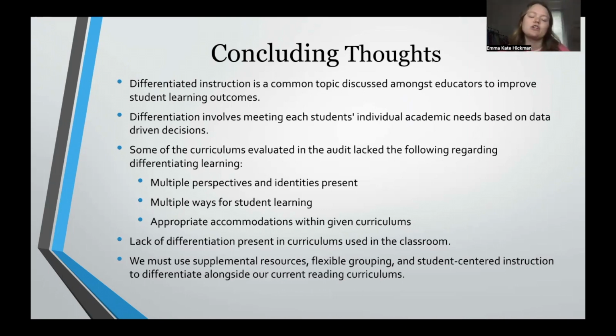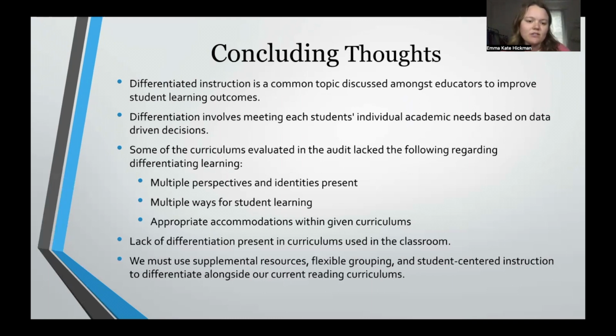The next point we took away, and this was specifically from the audit, was some of the curriculums evaluated in the audit lacked a few things in regards to differentiating learning. One of the things that our curriculums lacked was multiple perspectives and identities present. So not a lot of diversity in the text that we are given or diversity in the lessons that are being taught. So we saw that that was lacking in our curriculums.